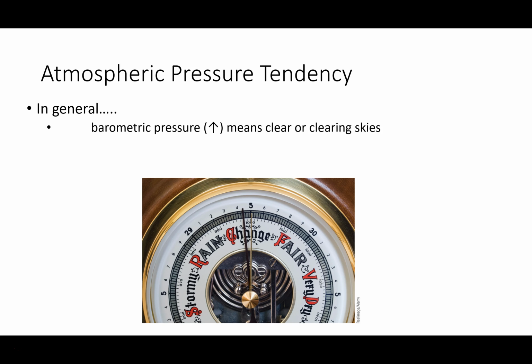All right, so I mentioned that atmospheric pressure is a player in what sort of weather we can expect. At our house, we've got one of those little weather monitoring stations, and they don't cost that much anymore. We put the sensor outdoors under our porch, which works okay.